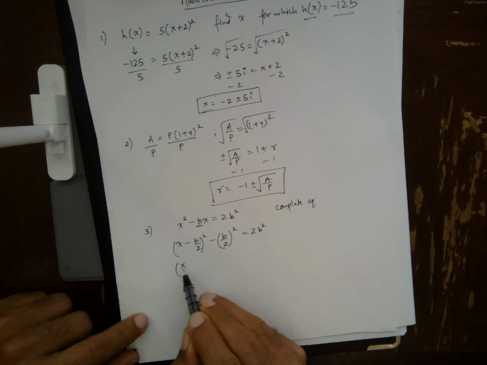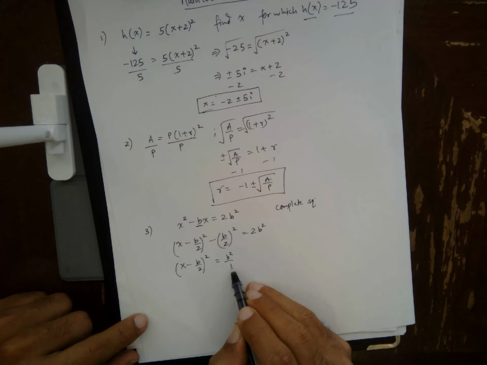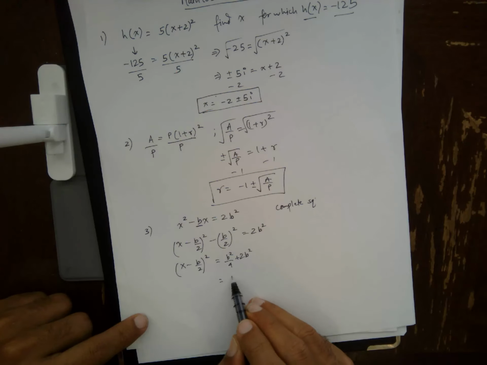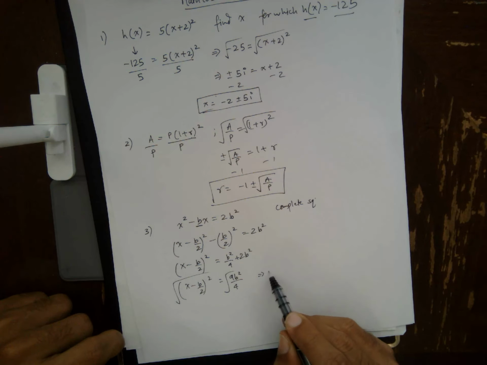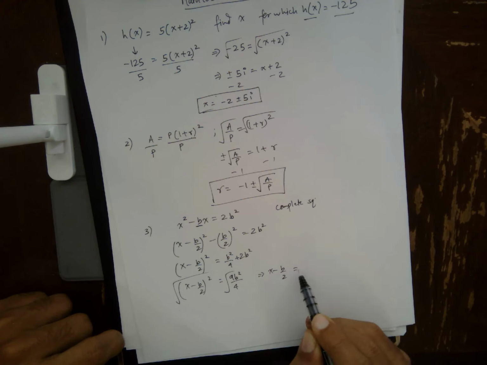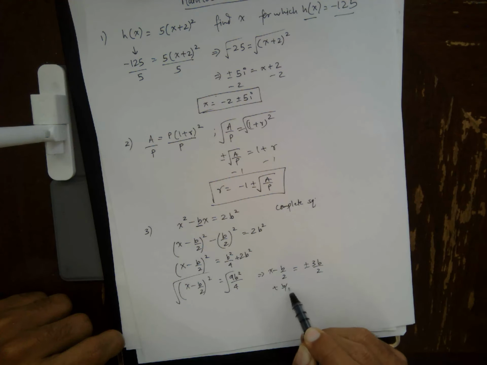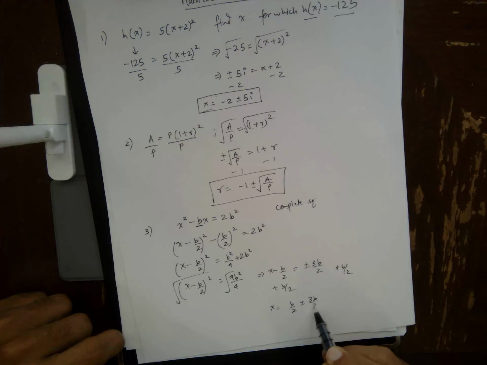So this is now (x minus b over 2) squared is b squared over 4 plus 2b squared, which becomes 9b squared over 4. At this point, I can take the square root, which leaves me with plus or minus 3b over 2. Then I add my b over 2 to get x is b over 2 plus or minus 3b over 2.